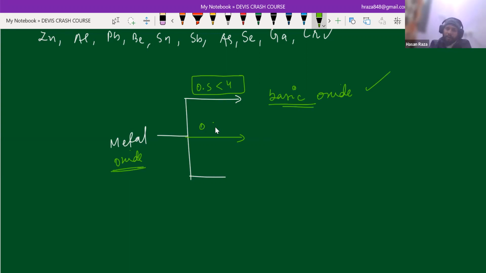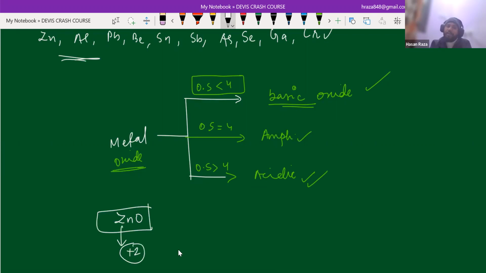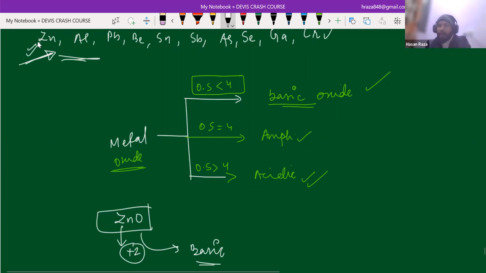If the oxidation state equals 4, then it is amphoteric. If the oxidation state is greater than 4, then it is acidic. Exceptions will always be there. Like ZnO: Zn has a +2 oxidation state and it should behave like a basic oxide, but I already wrote that the oxide of Zn will always be amphoteric. So this is the amphoteric list you need to remember.